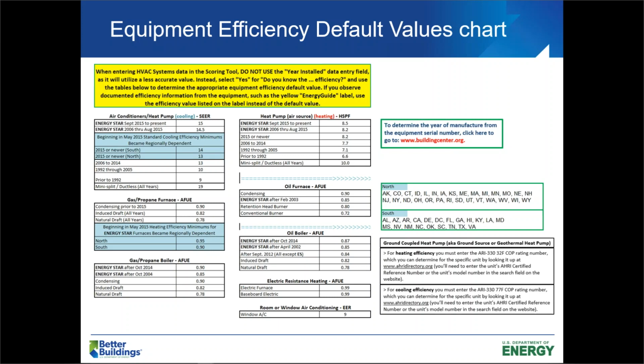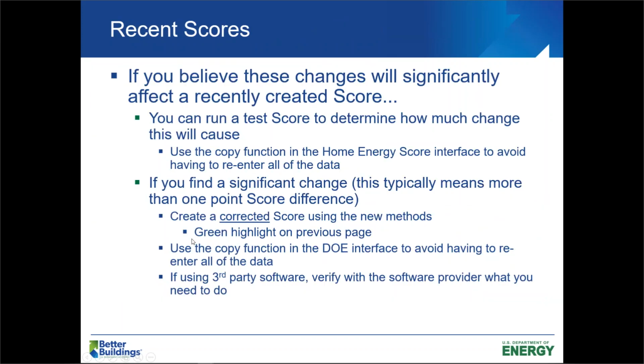climate dependent. So if you are in the northern climates as defined by the box on the right side, then the minimum for cooling on a heat pump or an air conditioner is a 14. Whereas if you're in the south, again, as defined by the boxes, then it's only a 13.